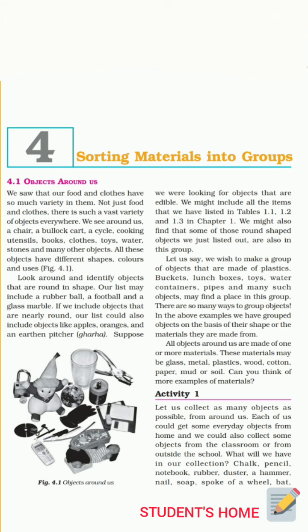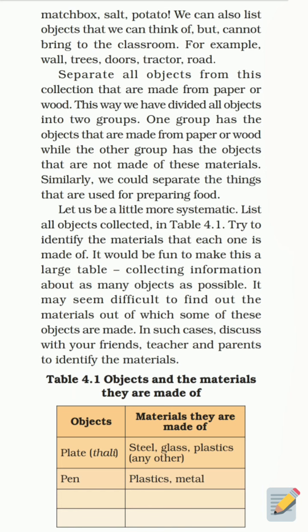What we will have in our collection: chalk, pencil, notebook, rubber, duster, a hammer, nail, soap, spoke of wheel, bat, matchbox, salt, potato. We can also list objects that we can think of but cannot bring to the classroom. For example, wall, trees, doors, tractor, road.